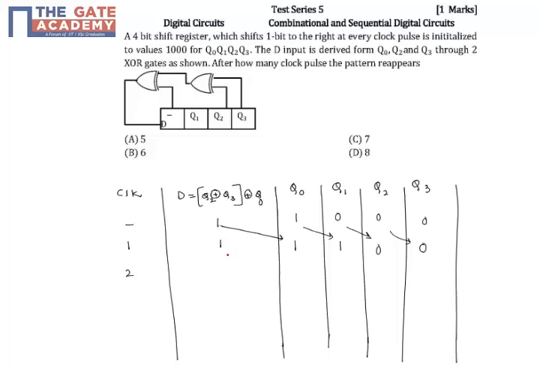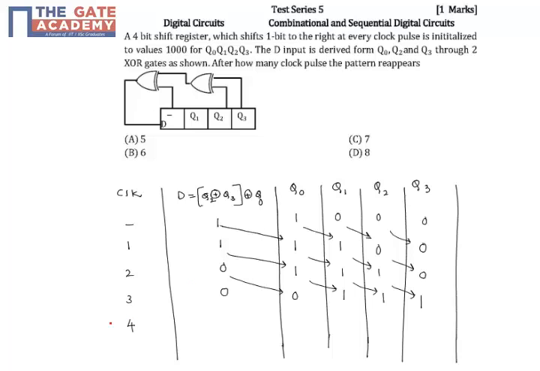So in the second clock pulse, this 1 will move to here, so 1 1 0. So what value will it create? This is 1 exclusive OR with 1, so this is 0. Third clock pulse, 0 1 1 1. So this is 0 and 0, it will create 0.